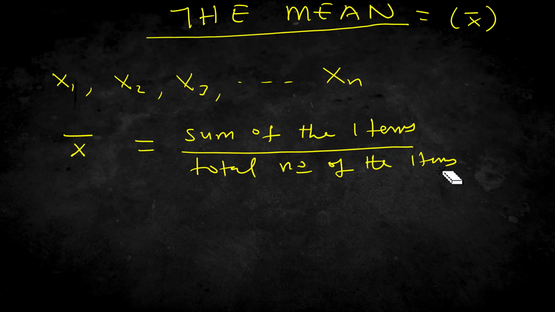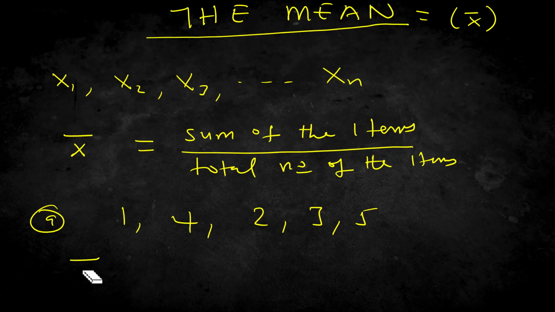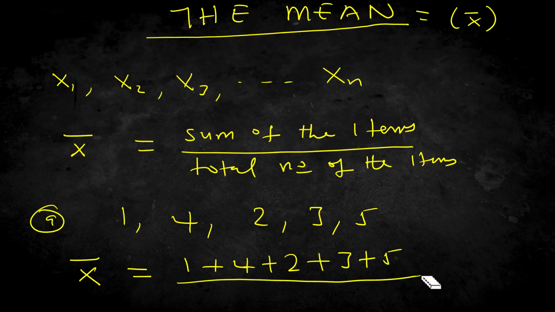Okay, so when we're asked to find the mean of the following: 1, 4, 2, 3, 5. I'll sum them: 1 plus 4 plus 2 plus 3 plus 5 over the total number.